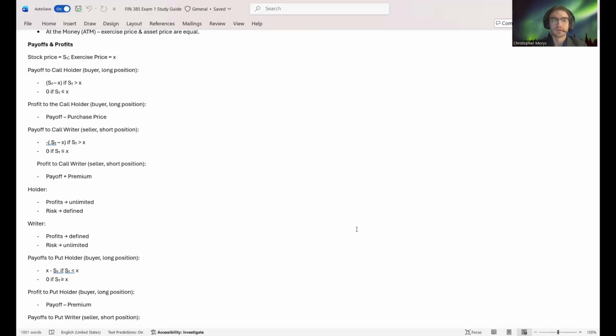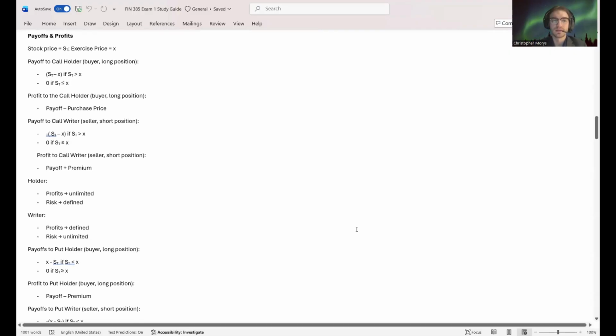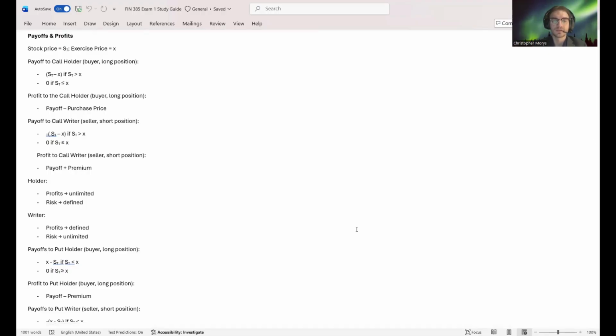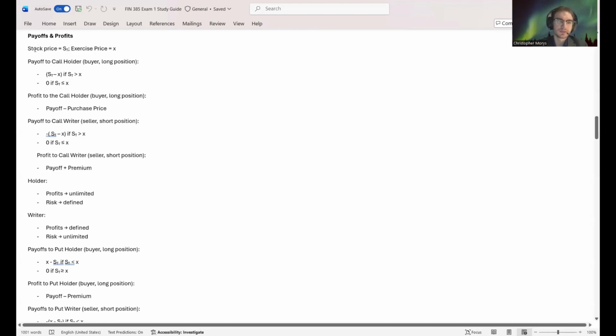However, I would try to ingrain these equations or payoffs into your mind, as the faster you're able to do options, the better a grasp you have upon them. So let's first define our terms. Stock price is ST and exercise price is X.